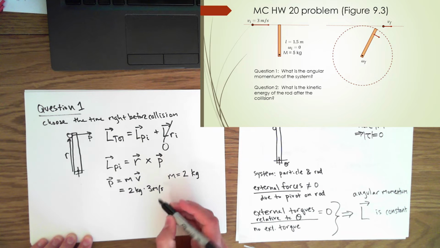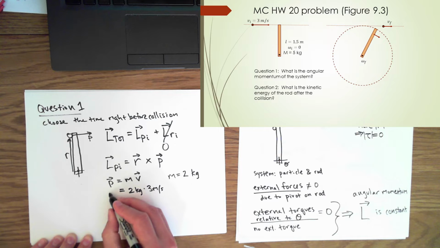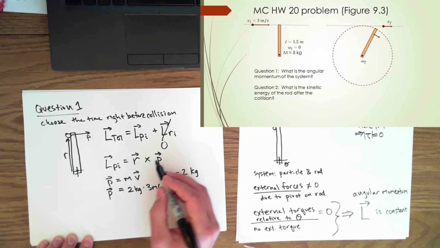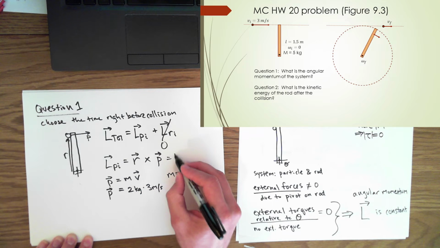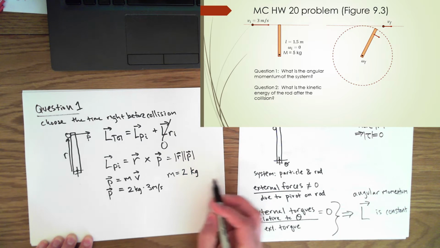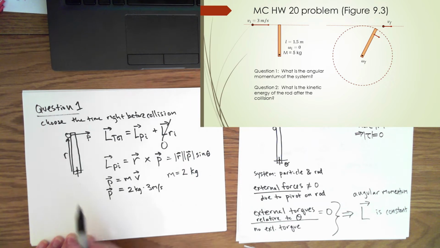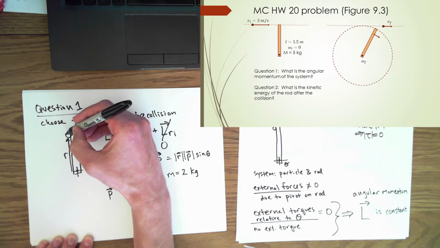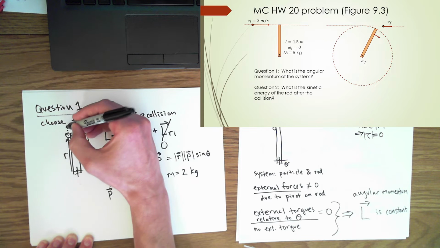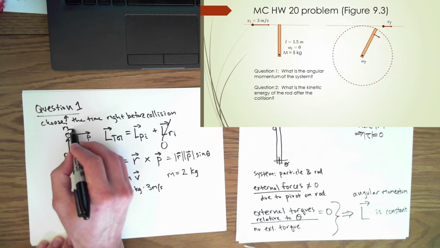When we calculate this cross product, this is the formula: magnitude of r times magnitude of p times sine of the angle between them. What's the angle between them? You translate the two vectors such that they are tail to tail. The r vector is pointing up this way, and there's a right angle between them.